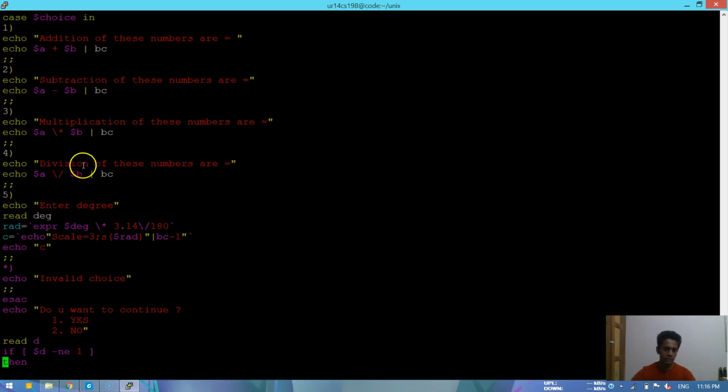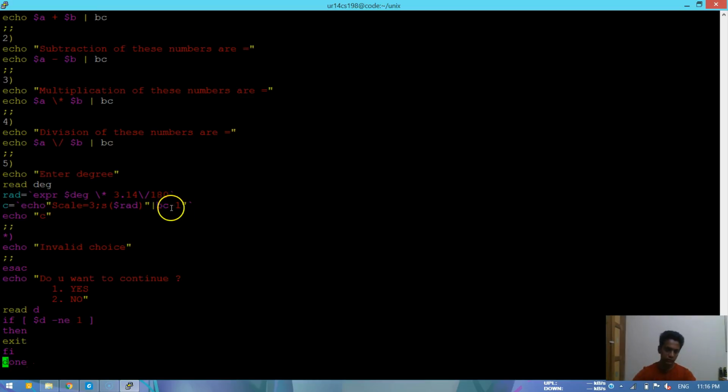Then we give division is like this, to BC, and enter degree. So here we do the degree values, that is sine, cos and tan. So what we have done here is expression dollar degree into 3.14, that is pi, pi's value is 3.14, by 180, that is pi by 180 degree.